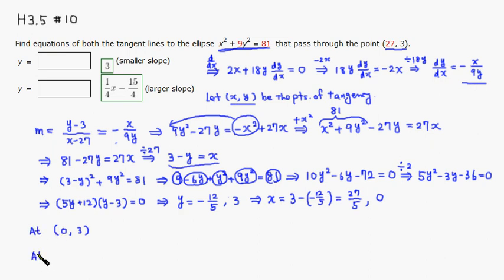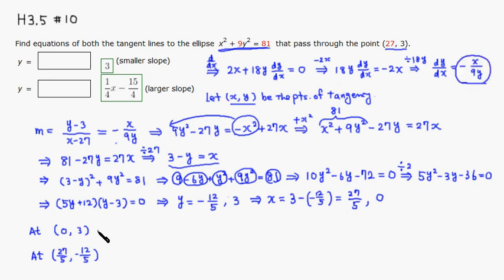Or the other point is at x is 27 over 5 and y is negative 12 over 5. All right, so let's find the equation at 0, 3. If x is 0, y is 3, the slope can be found doing this calculation right here.